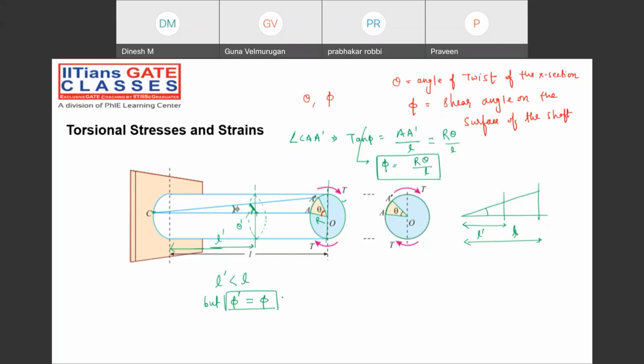So note down here an important point: the shear angle will be independent of the length of the shaft. That is the very first point. Please note down.